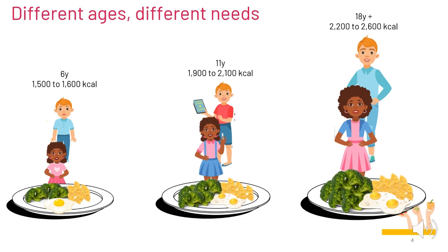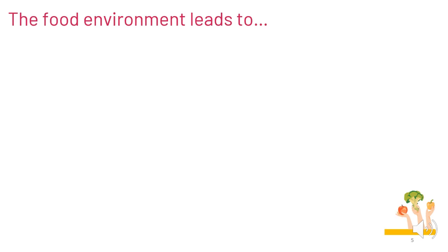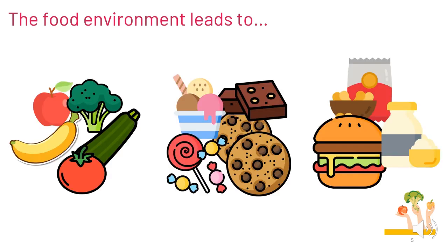But that's the theory. In practice, the problem is much more complicated. The current environment is called obesogenic. Fatty, salty, and sugary products are more available and sold in too large portions.